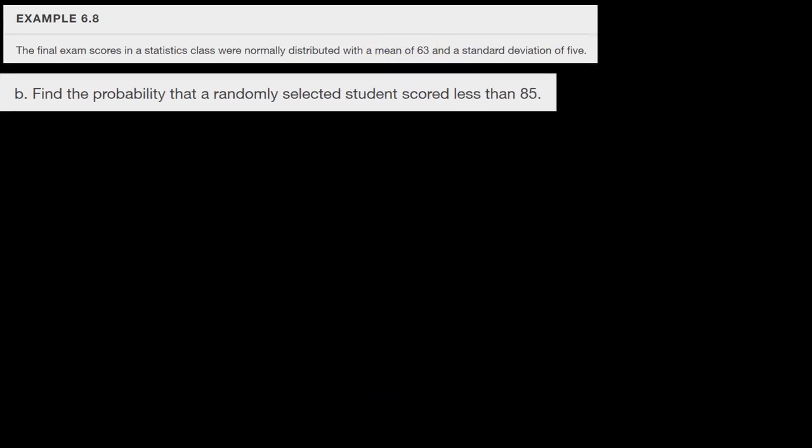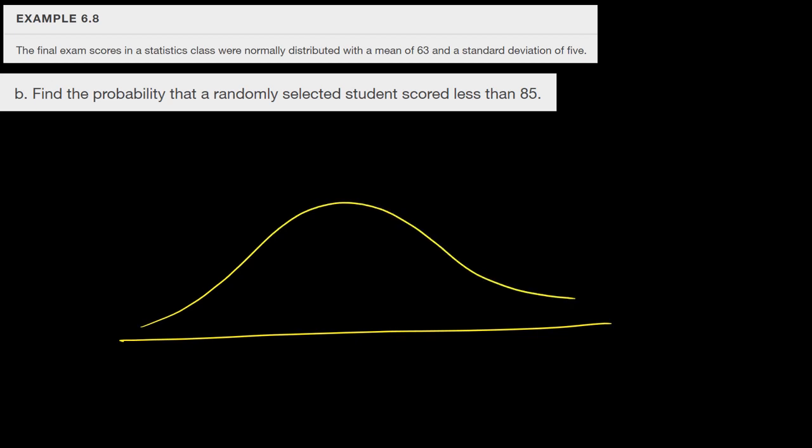All right, moving on to the next example. Now let's find the probability that a randomly selected student scores less than 85. Once again, I'm going to draw out my distribution. In the center, I always have the mean. The mean of this distribution is 63. So where is 85? 85 is way over to the right. It's way more than 63.